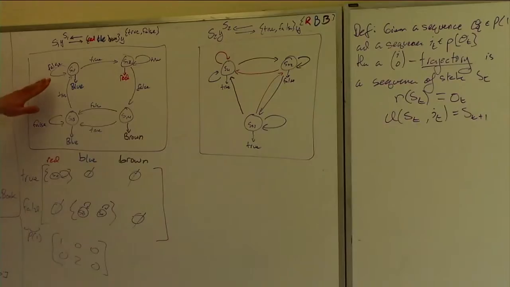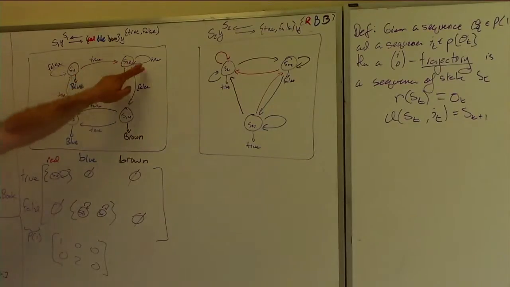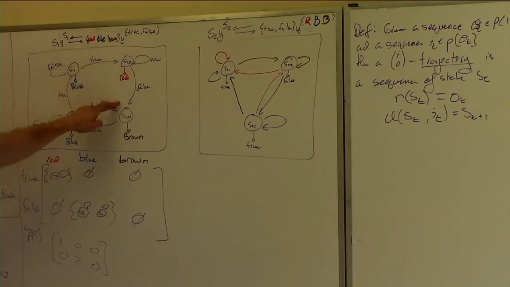So if we start here, and our sequence is true, true, false, true, true, false, we would output blue, hit true, go here, output red, hit true, stay here, output red, hit false, go here, output brown, then hit true, output blue, hit true, output blue, and then hit false, output blue, and so on. And that would be a trajectory, and that sequence of outputs would be part of its chart.